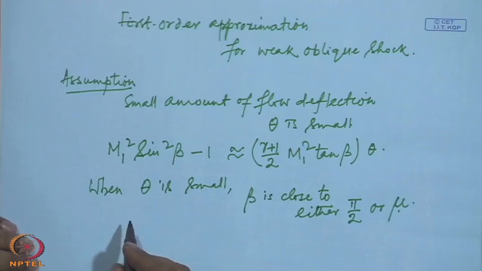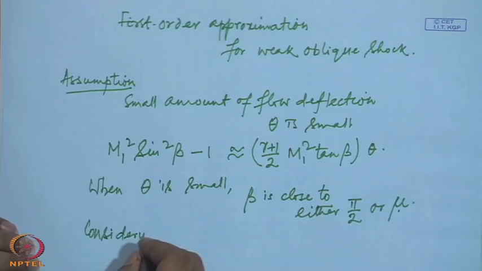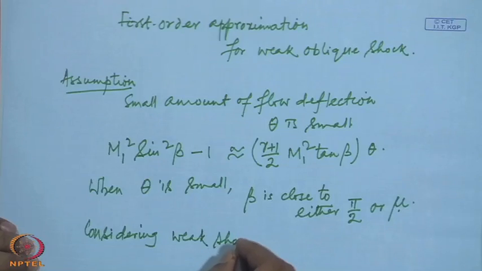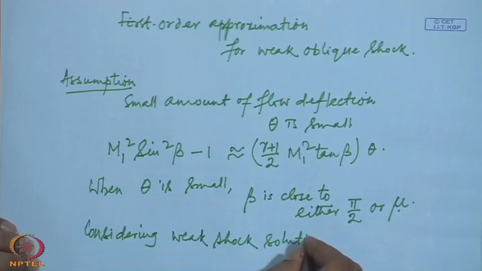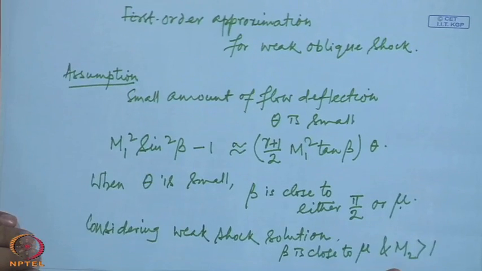Now, considering the weak shock solution only, beta is close to mu and M2 is supersonic, that is the flow still remains supersonic.